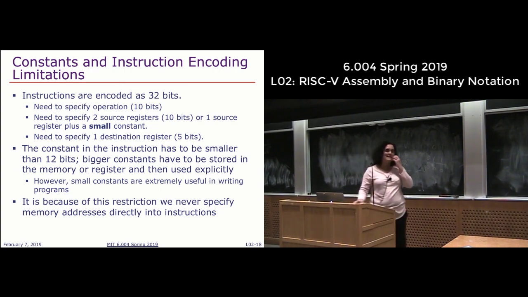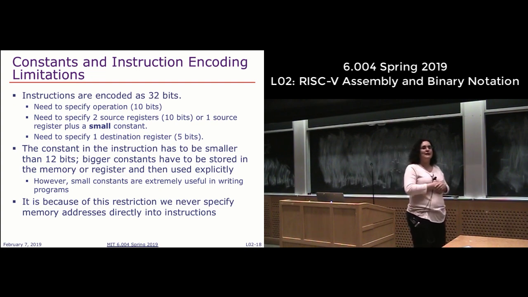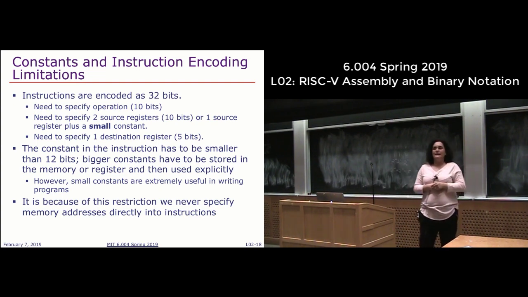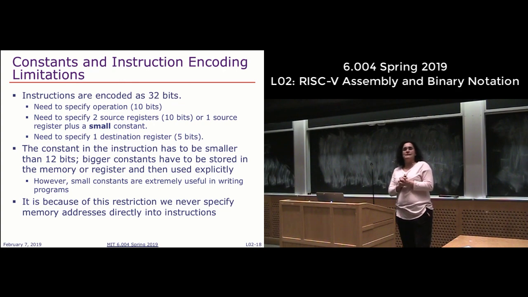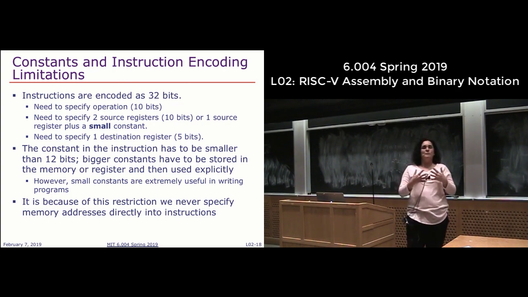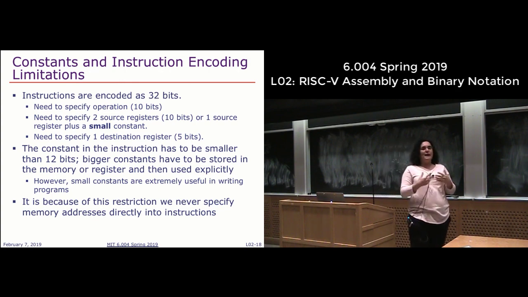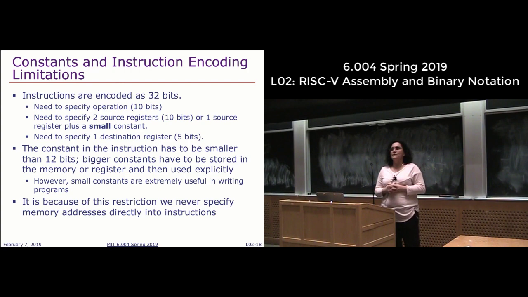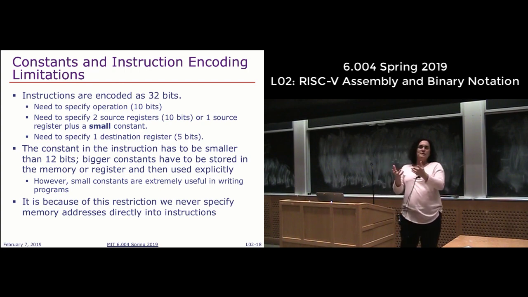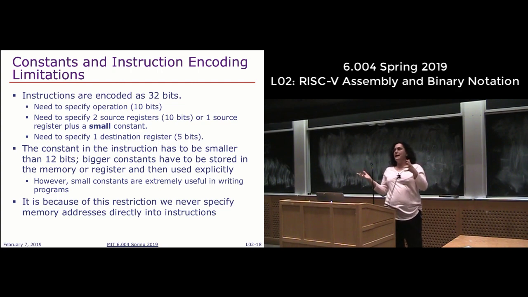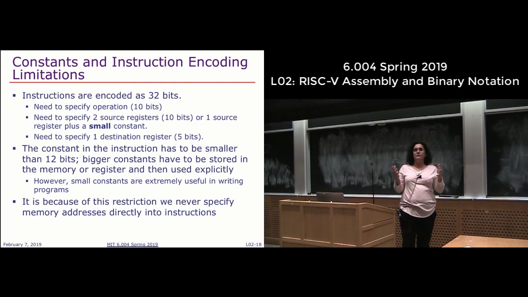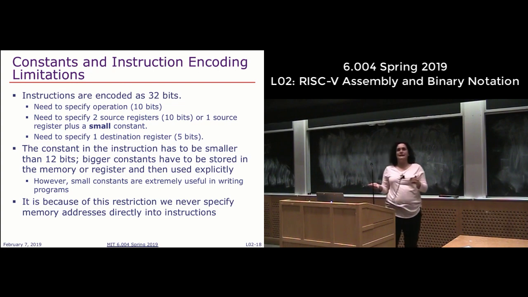So the one last thing I wanted to say about this is that this actually brings us back to what we were talking about when we were saying, what kind of memory operations are supported by our RISC-V instruction. We said that the way we specify our memory instructions is that we have a base register plus some small constant, and that specifies the address of the memory location that we want to access. And this highlights why that's the case, right?